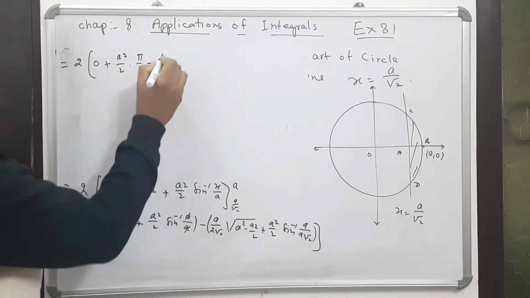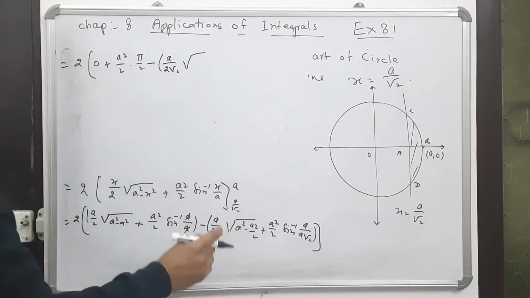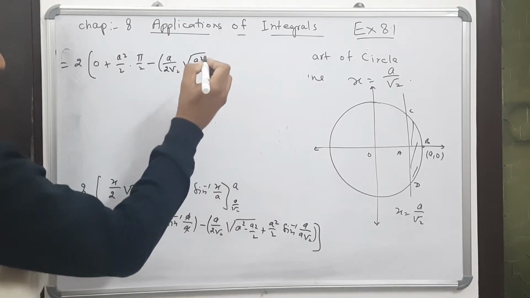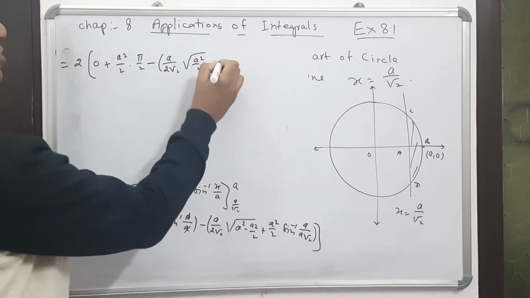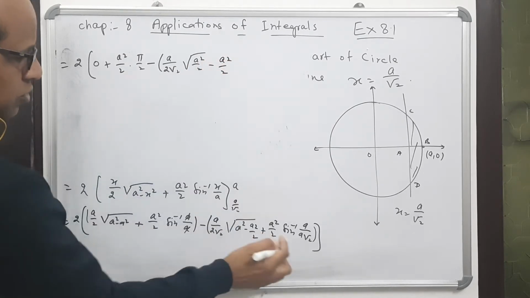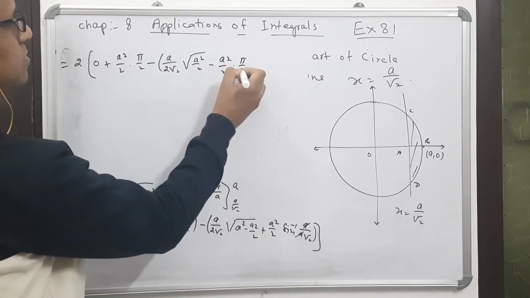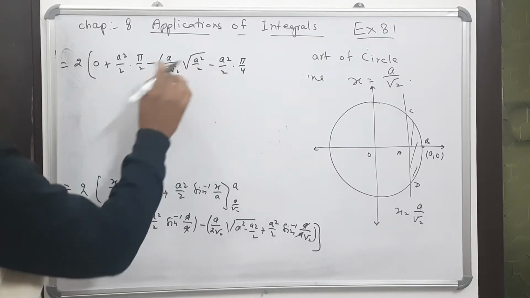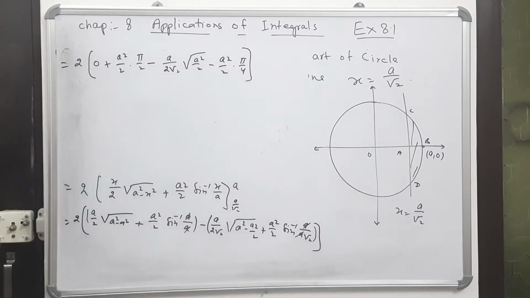To explain more clearly, in the root it is a squared by 2, minus, because of this minus it will be minus. So it is a squared by 2, and this a and a cancel, sine inverse of 1 by root 2 is pi by 4. Yes? And if I remove the bracket from here, then it will be a minus sign.